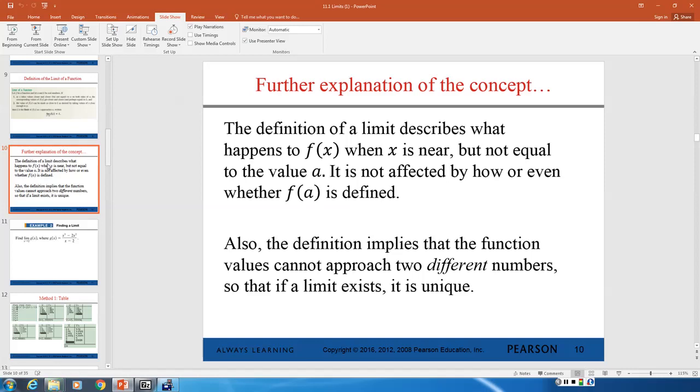You can still try to take the limit. Now, as we saw in the second problem, it also says that if you approach two different numbers, then that's not a limit. A limit has to be going to the same place. It has to be leveling off at the same number. It can't be going to two different places. There's no limit in that case.